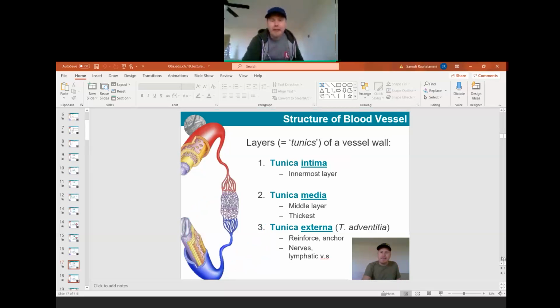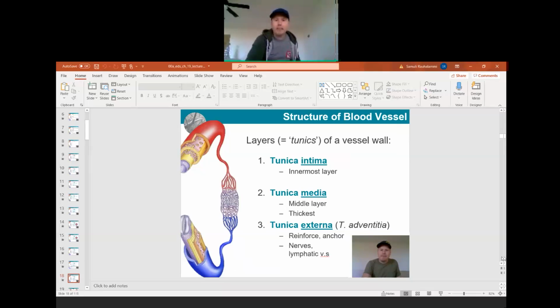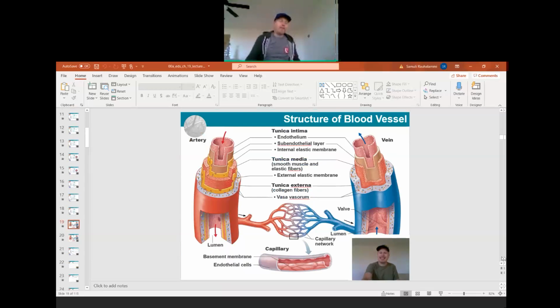So what I have here is really a good listing of these 3 layers that we should know in terms of blood vessel structure. This image might look really busy, but this is actually all the stuff that we have already covered. It just nicely lists them and shows that we see them both in arteries and veins.